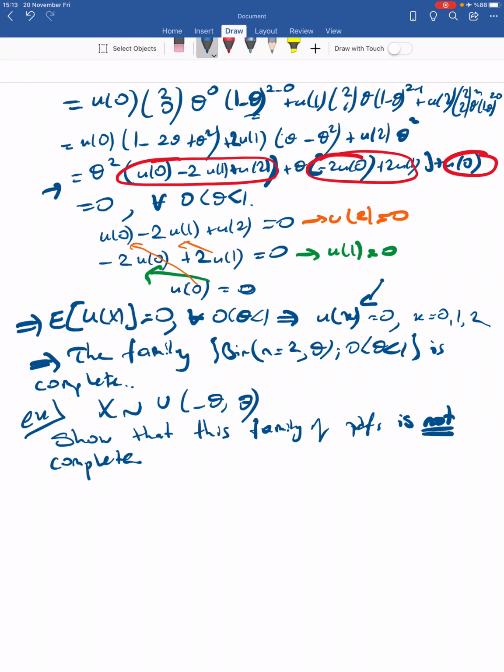In a not-complete case, we have to consider a specific form of u(x). We have to find one function of x whose expectation is 0, but the function itself is different than 0.